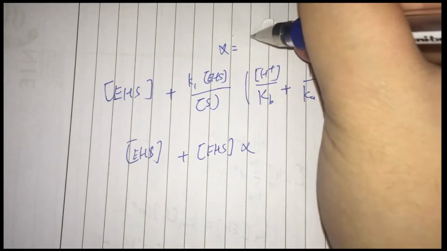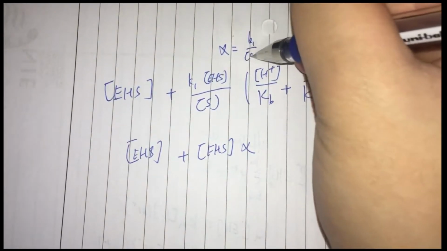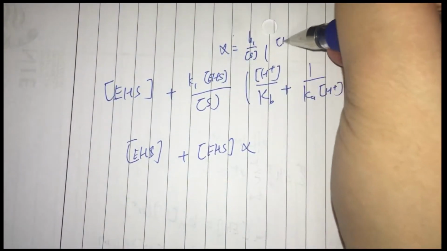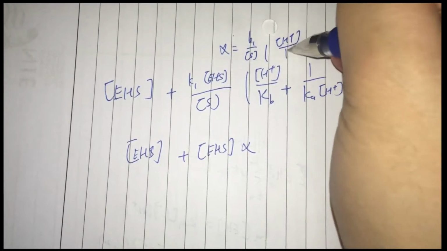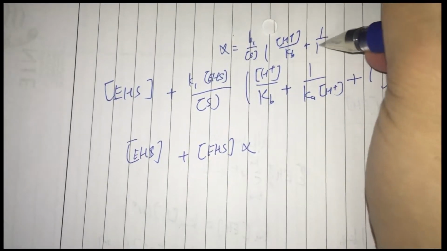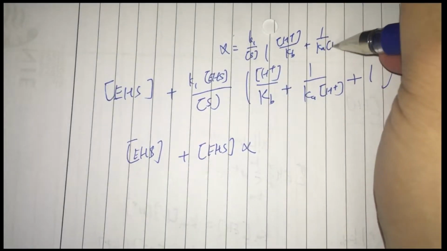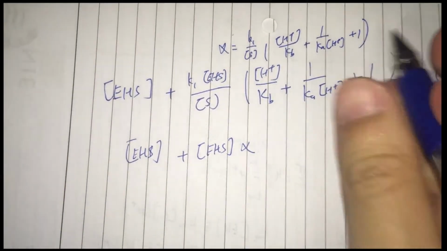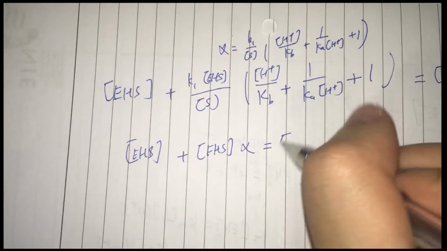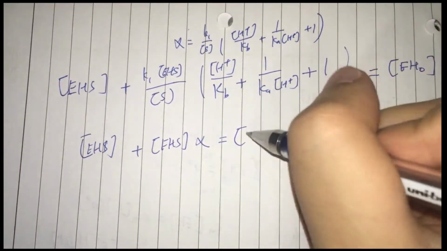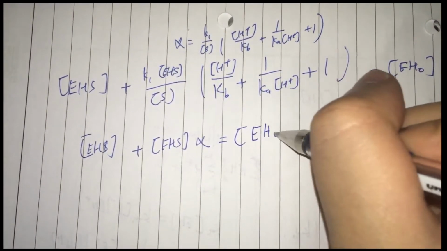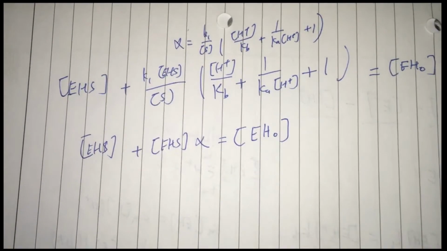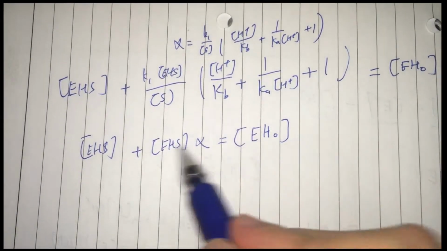So alpha equals K1 over S. Just grouping it up so I don't make the same careless mistake. You don't actually have to do this, but for the sake of reducing careless mistakes, you should do this.